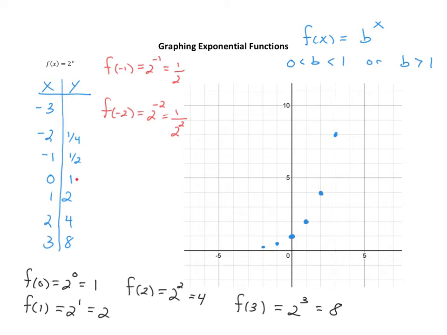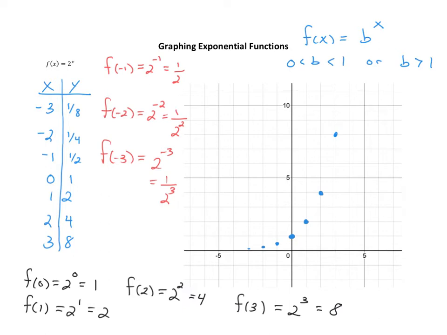And the thing to note is here it goes 1, 2, 4, 8. Here it goes 1, 1/2, 1/4. So this last one, f of -3, that's 2 to the -3. That's 1 over 2 cubed, so that's going to be 1/8. And at this point, it kind of disappears a little bit, but it's right about there.